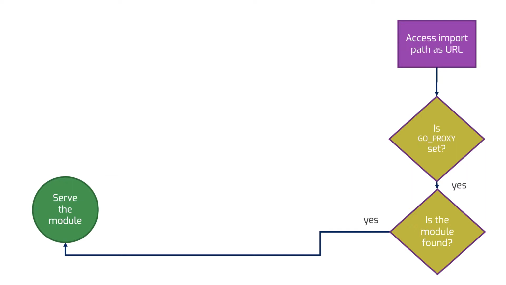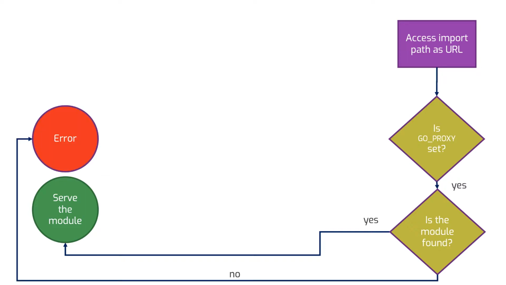If it is found, it will be served directly from there. And obviously, it doesn't matter now what's going on in the version control. Even if the author force pushes changes, I won't suffer from that, because I resolve from my repository, and this resolution will always be the same. If the module is not found, it will 404 on me and say the module is not found, and that's the end of it.